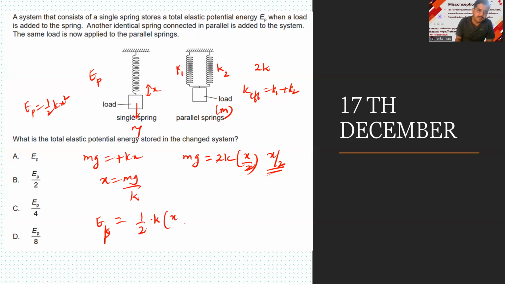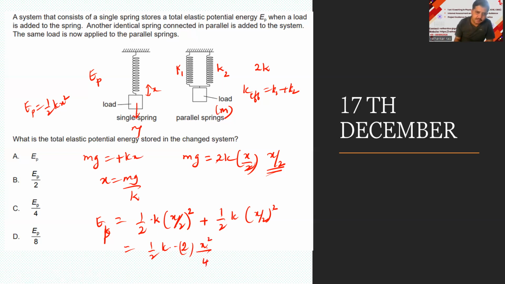It should be x by 2 the whole square, plus this for the first spring. Due to the second spring, it is half k into x by 2 the whole square, which should now be equal to half k into 2. Why 2? Because 2 terms, right? 2 into x square divided by 4.